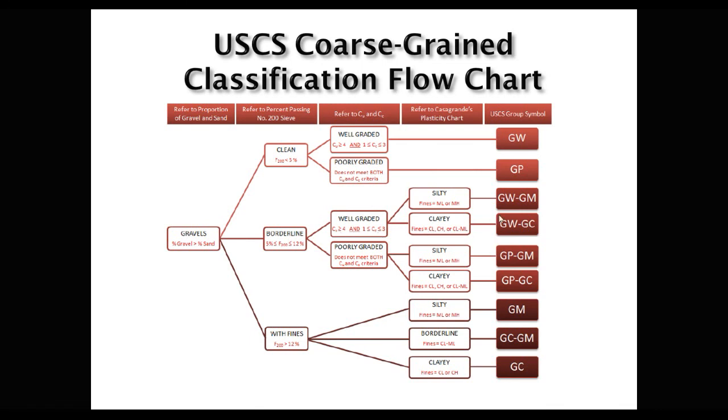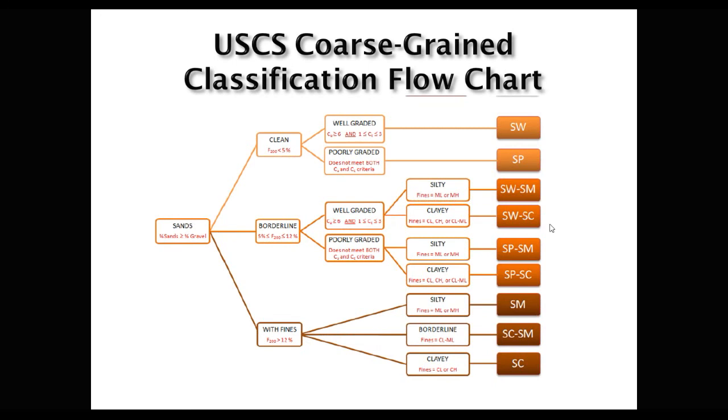So when you see that the percentage fine passing the number 200 sieve is between 5 and 12%, you're going to see a dual symbol. And depending upon the uniformity coefficient and the coefficient of gradation, you're going to see the dual symbols, whether it is poorly graded or well graded, depending upon that.